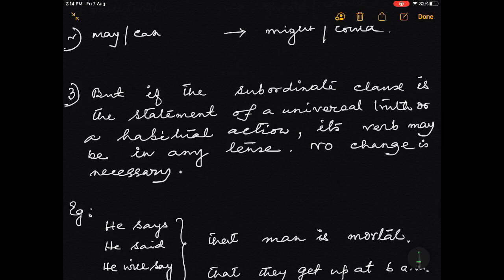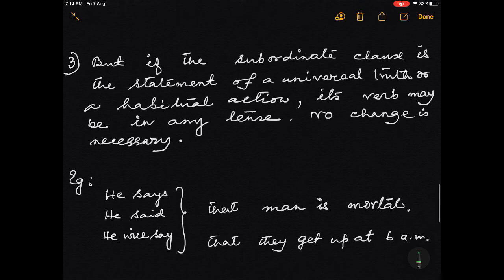Understand? See the example. He says, he said, he will say. Here it is present, here it is past, here it is future. The verb in the principal clause is here present, here past and here future.